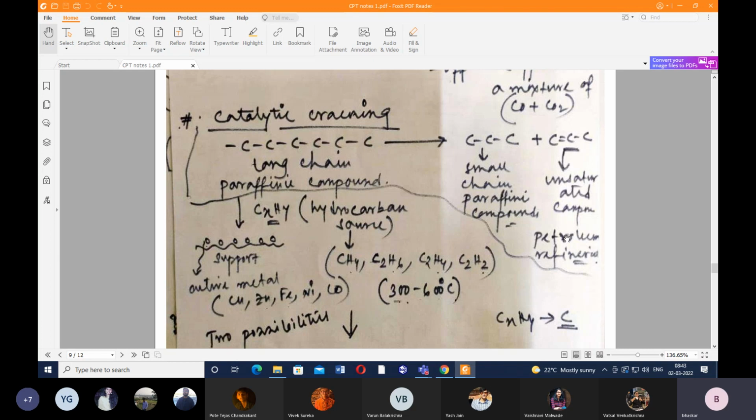Activated carbon has a high surface area. What could be the typical surface area of activated carbon? It could be as high as 1000 to 1200 meter square per gram. This is how we represent the active surface area, in meter square per gram.